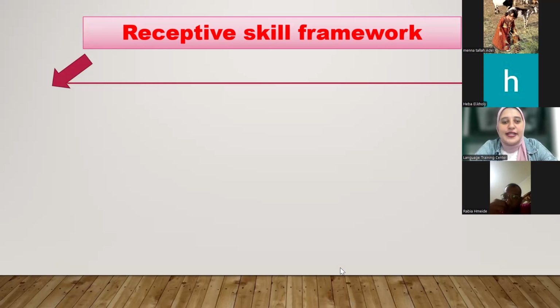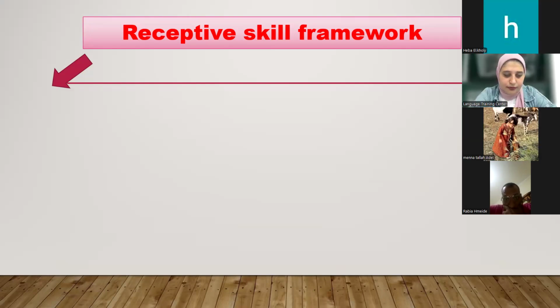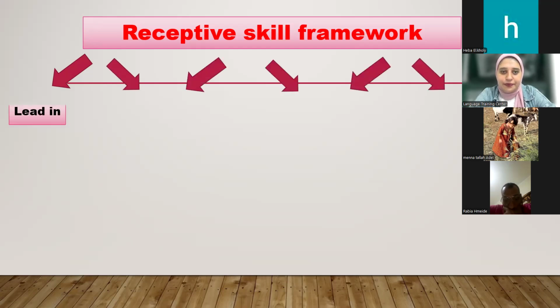So now let's go to Miss Hiba. What are the stages for the receptive skill framework? Lead in. Yes, good. What's next? What's after lead in? Lead in, yes, set context.